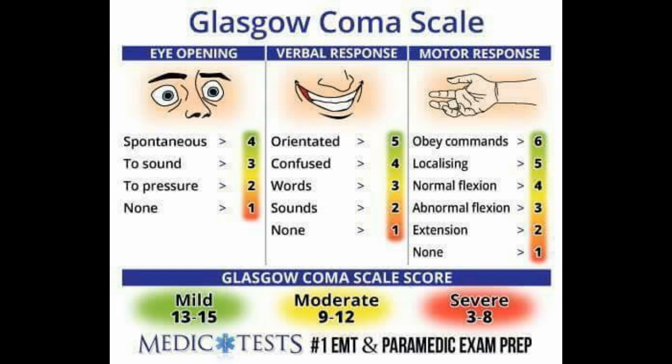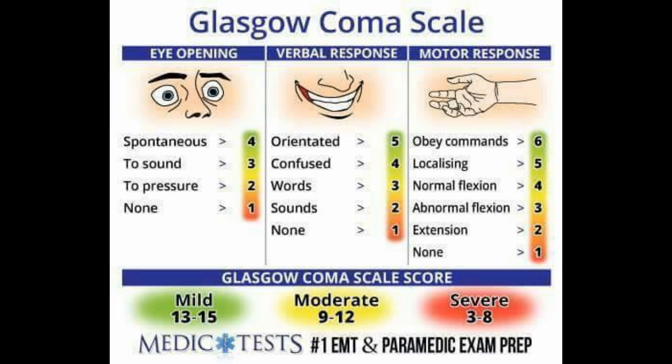They are just words. Then if the words coming out are confused words, that is score 4. Score 5 is when the words are oriented.